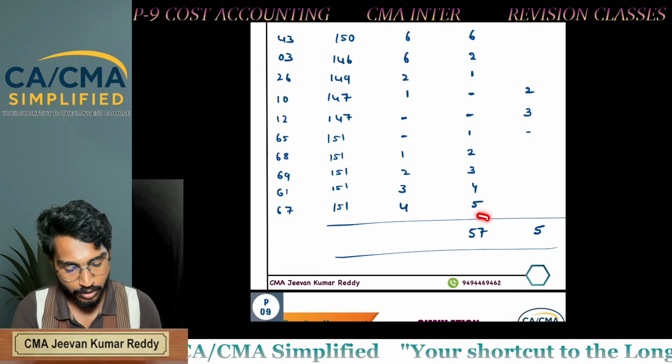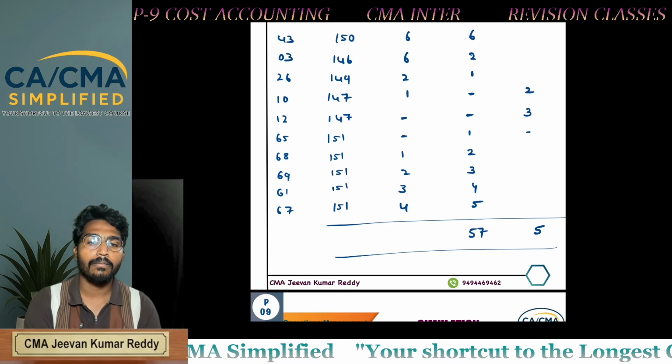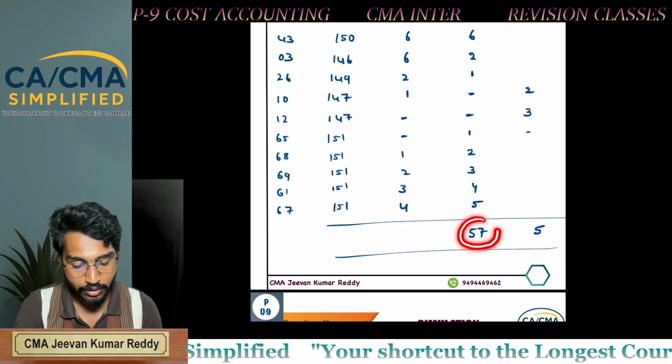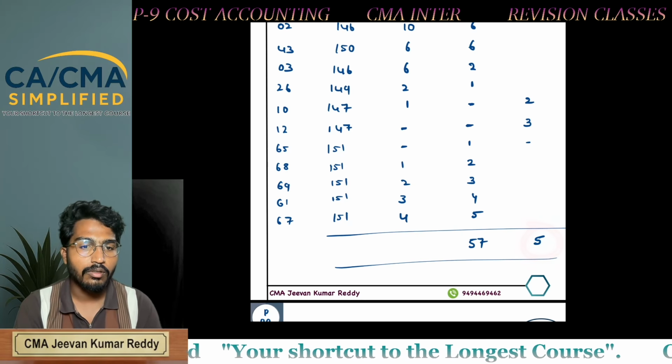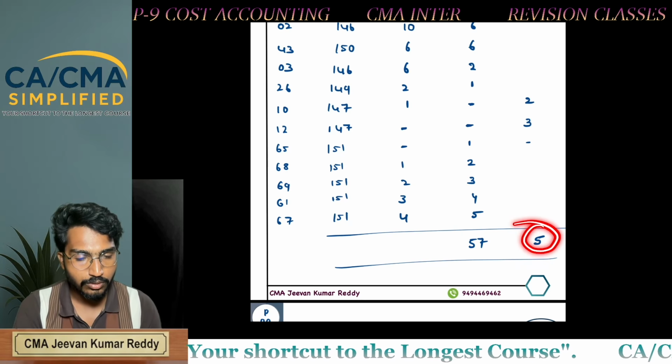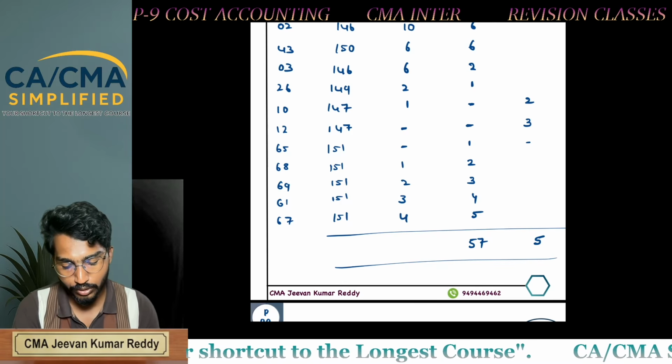So in total 57 scooters are waiting, and there is a space for 5 scooters in total.